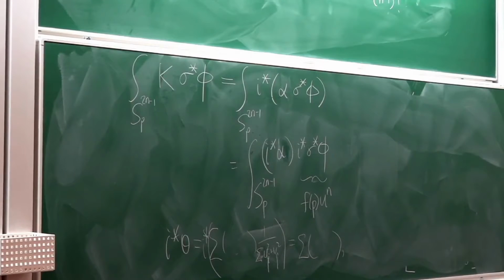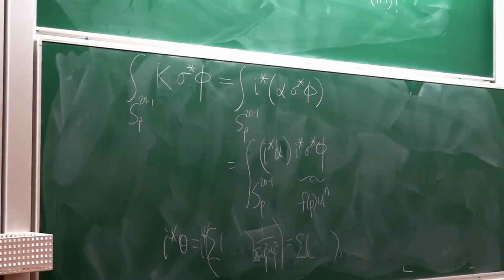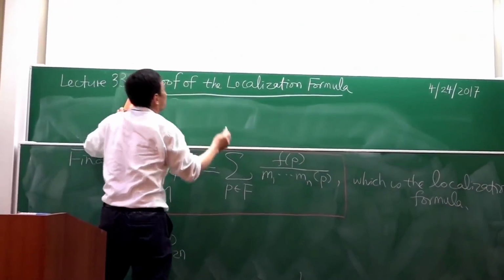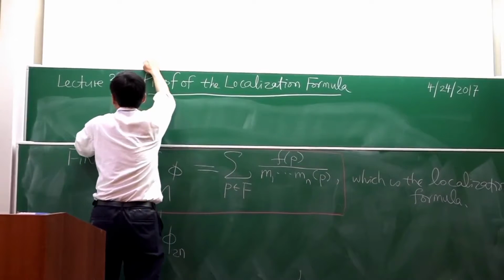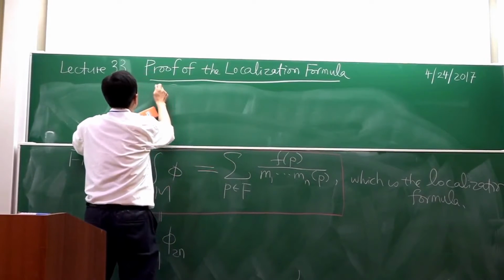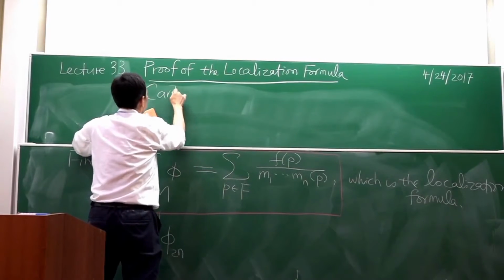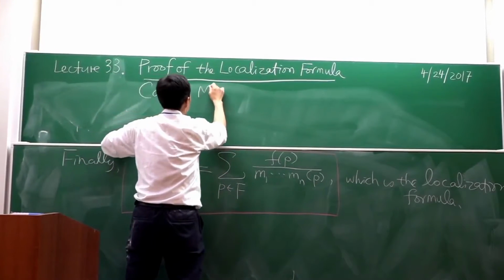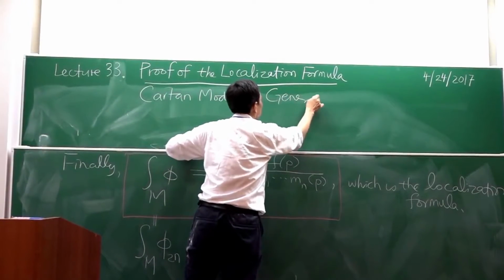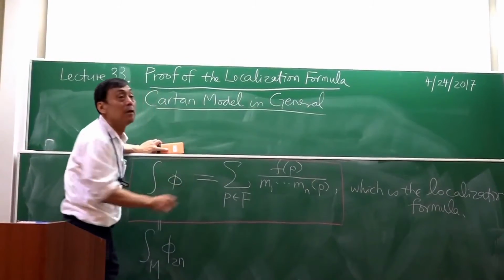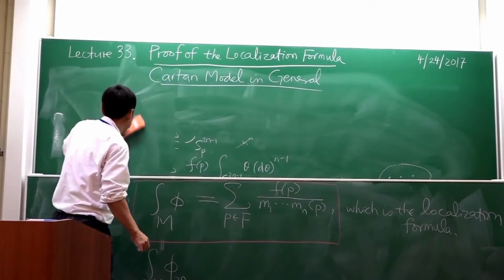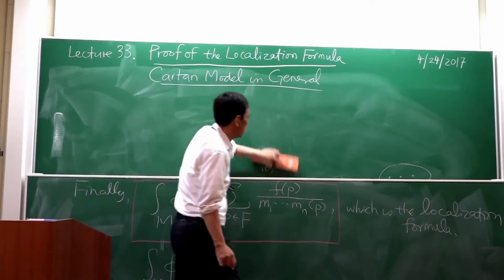Okay, so I'm going to start a new lecture. This lecture 33 has the continuation of the proof, and then we want to look at the Cartan model in general, for a connected Lie group, not just a circle.